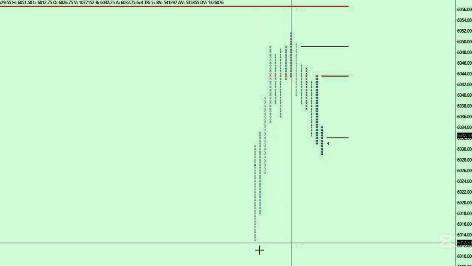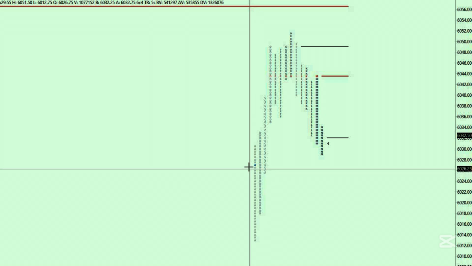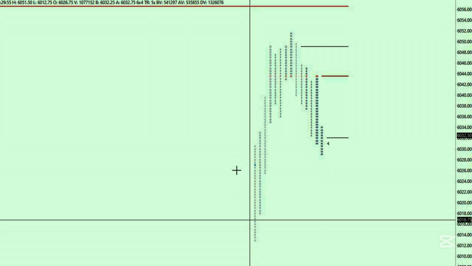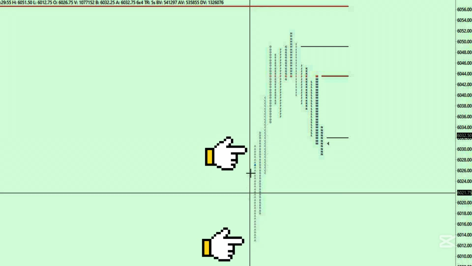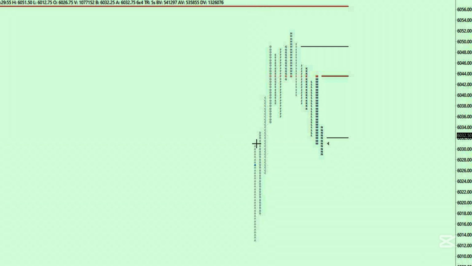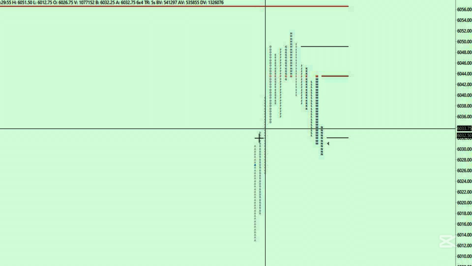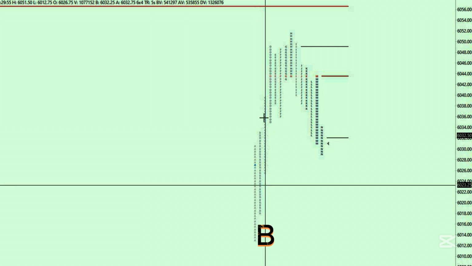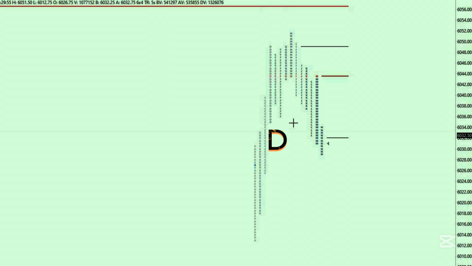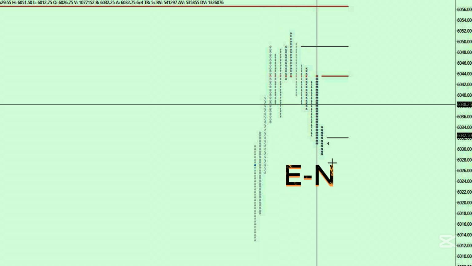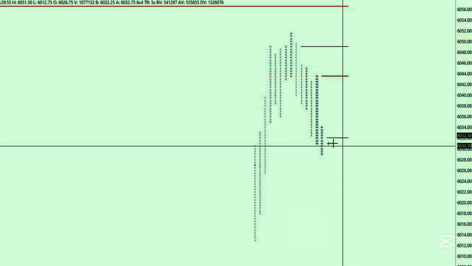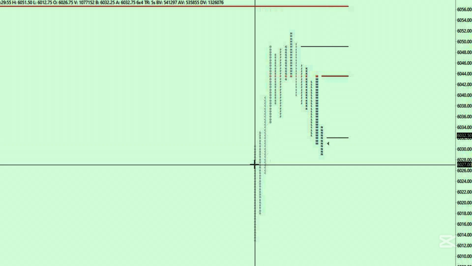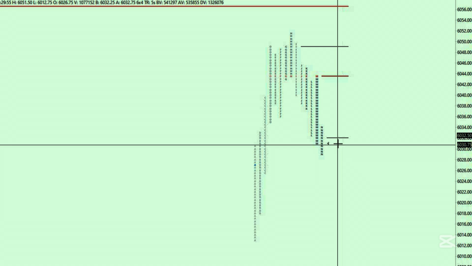So this is the A period, and you can see it might go up, it might go down, and it ends here or here. We don't really care where it ends. And then it starts the second period, which is B period, C period, D period, and so on and so forth until the end. And this arrow here represents where the day closed. So it starts here and it ends here.